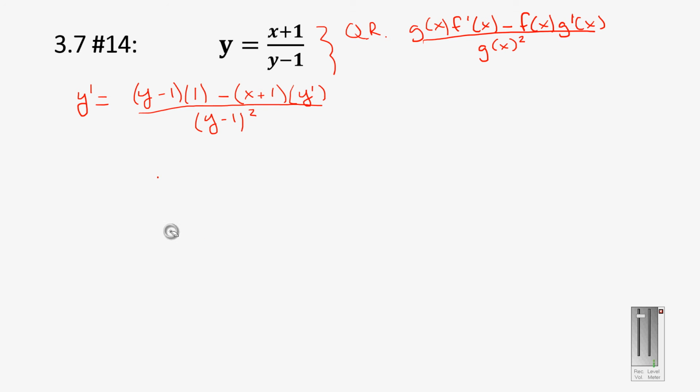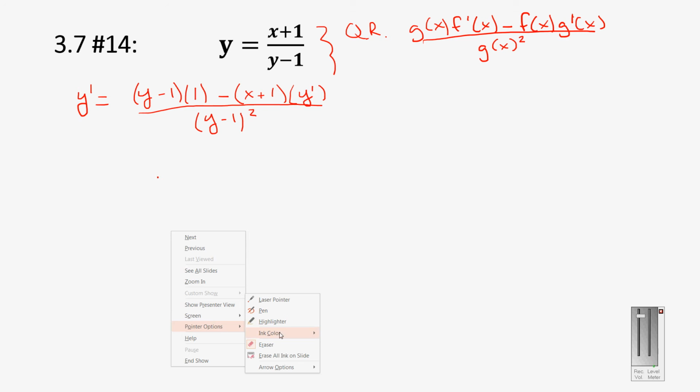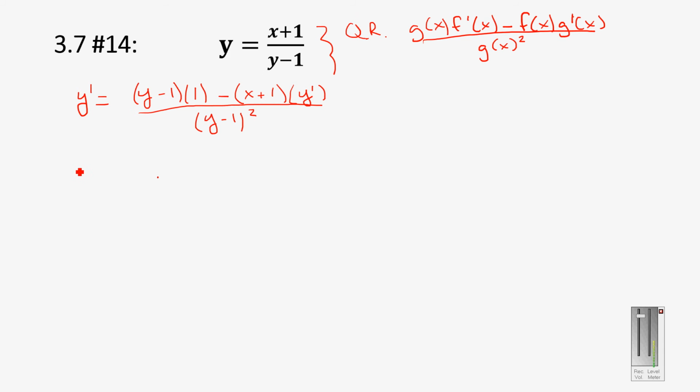I'm not sure where to go, so what I'm going to do is take the y prime over here, oops, sorry about that. The y prime, and I'm going to multiply it by y minus 1 squared. The thing that I think that does for me is it cleans this whole thing up a little bit.